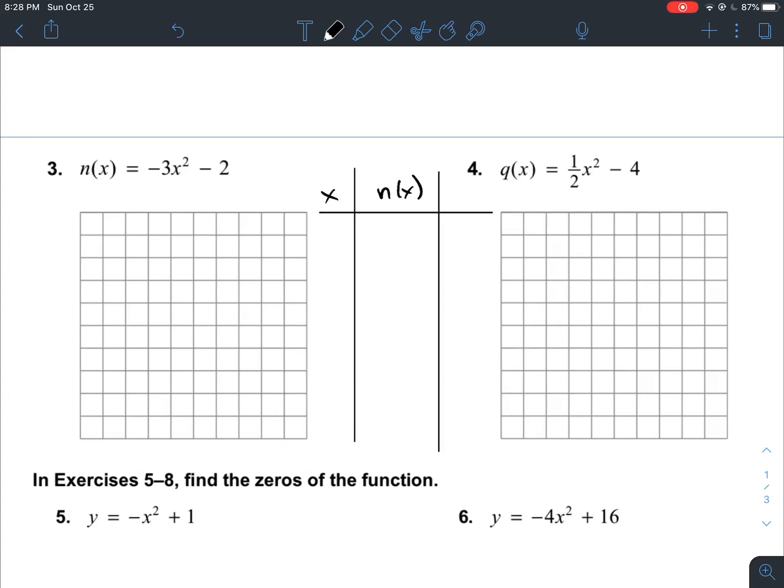Well, first of all, let's find 0, -1, 1, -2, -3, 2, and 3. So if we plug 0 into n of x, we get n of 0 is equal to -3 times 0 squared minus 2. Well, this will be 0, so we'll have -2. So our vertex is 0, -2.